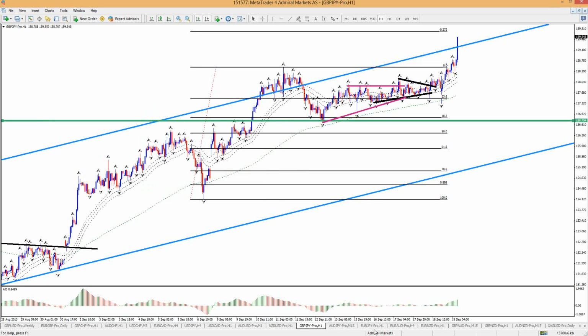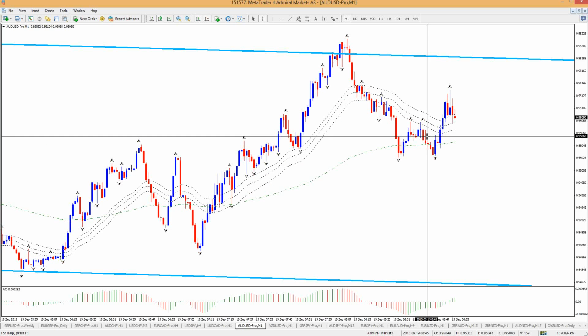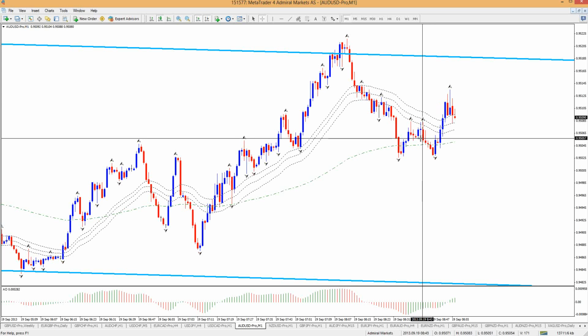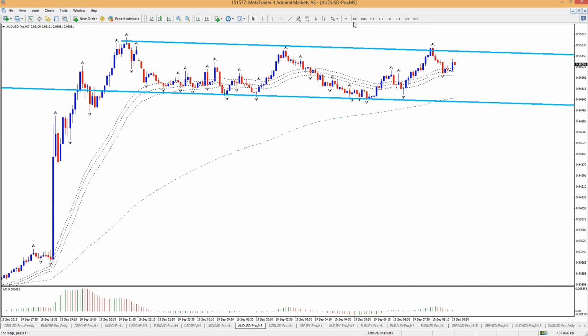Anyhow, back to the Aussie dollar. Got sidetracked there. Where is it? Here. Okay. Let's keep an eye on it. Maybe they're still worth trading. Take a look at the 5-minute. Kind of getting a retrace of that 5-minute candle.